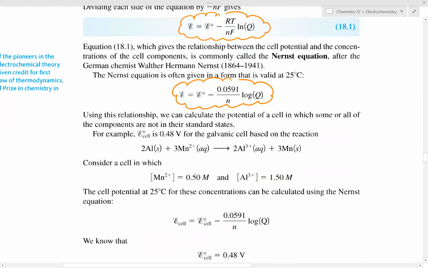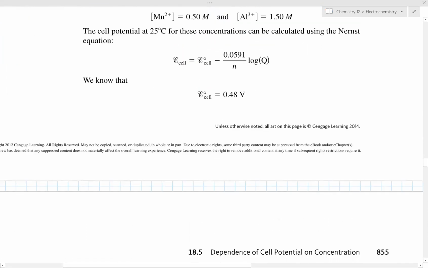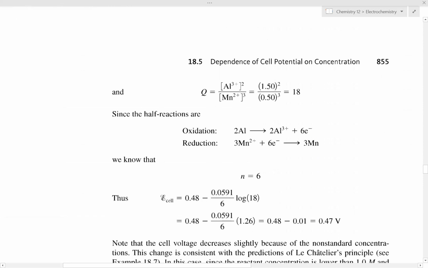They give you an example of how you can calculate the voltage of an electrochemical cell when the concentrations are not at 1 molarity. If you take a look at the bottom of page 854 and then on page 855, they are able to calculate what the voltage potentially would be when aluminum and manganese ions are not at 1 molarity.